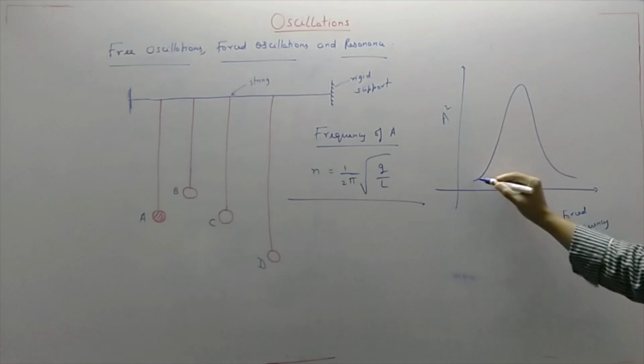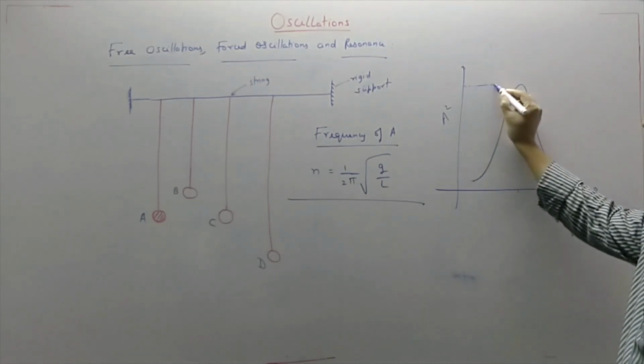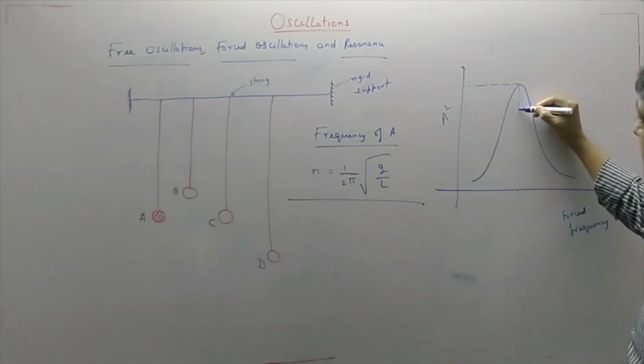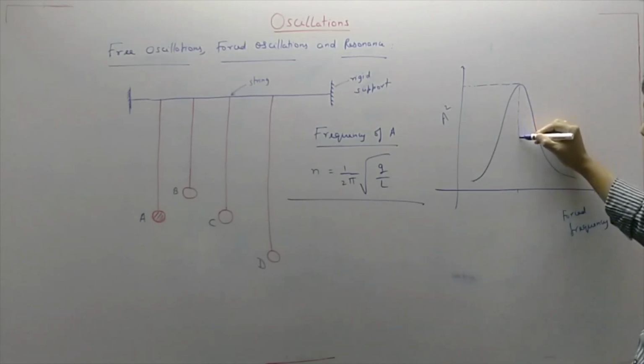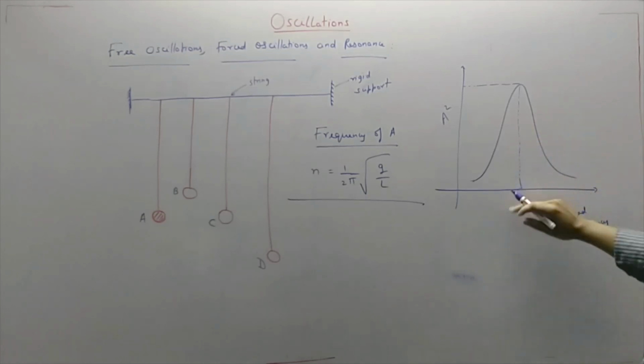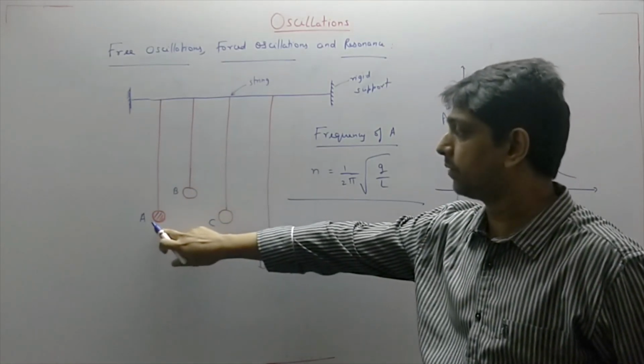The graph indicates that at some particular frequency, for a pendulum which is oscillating due to another pendulum, that is, due to forced vibration provided by A.